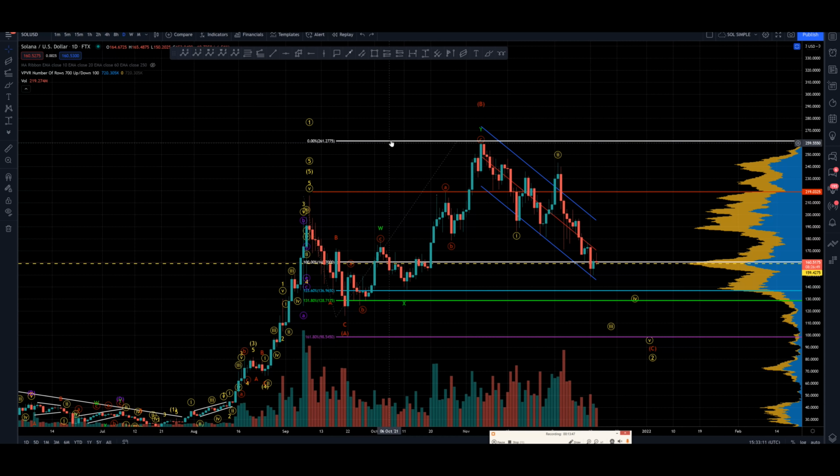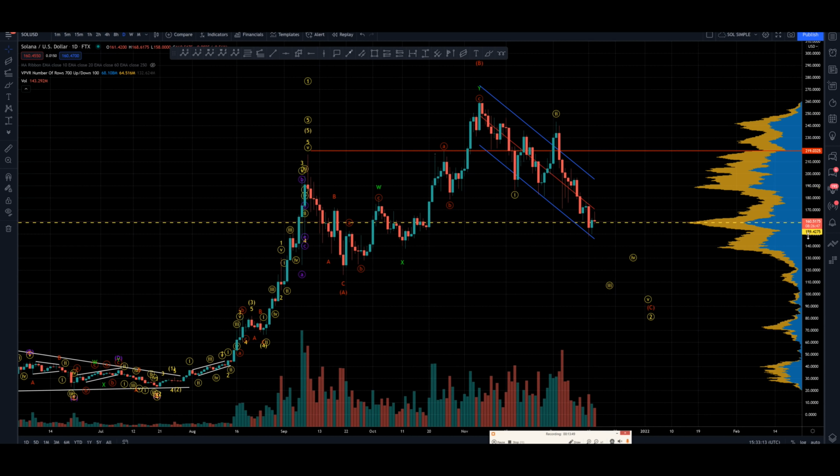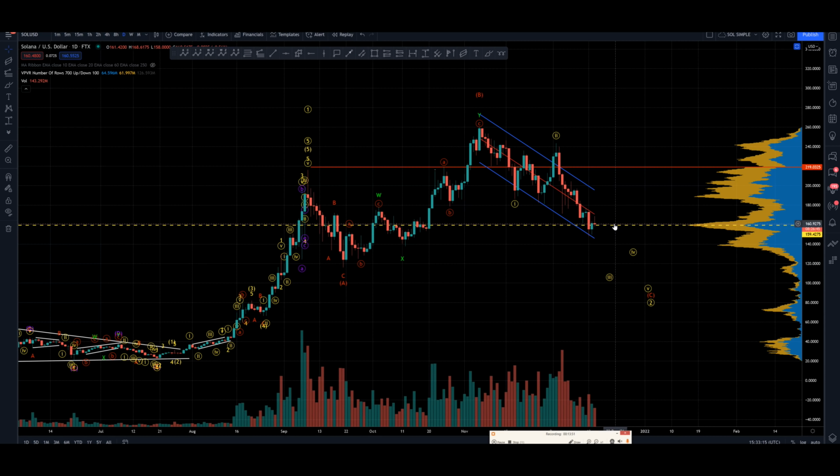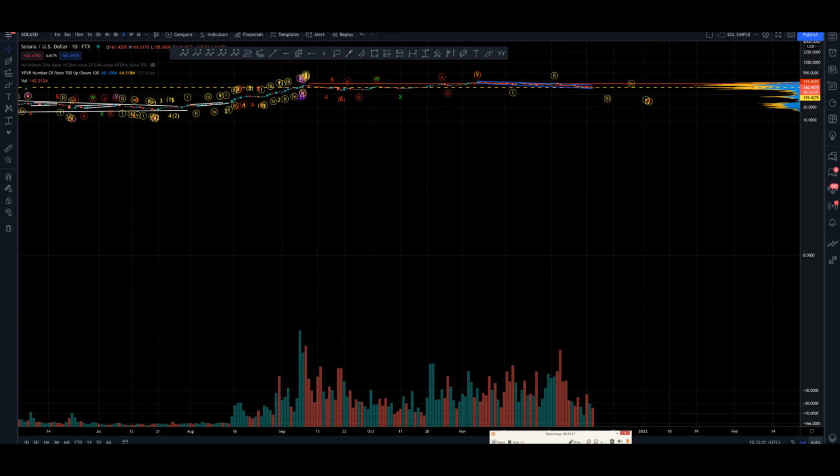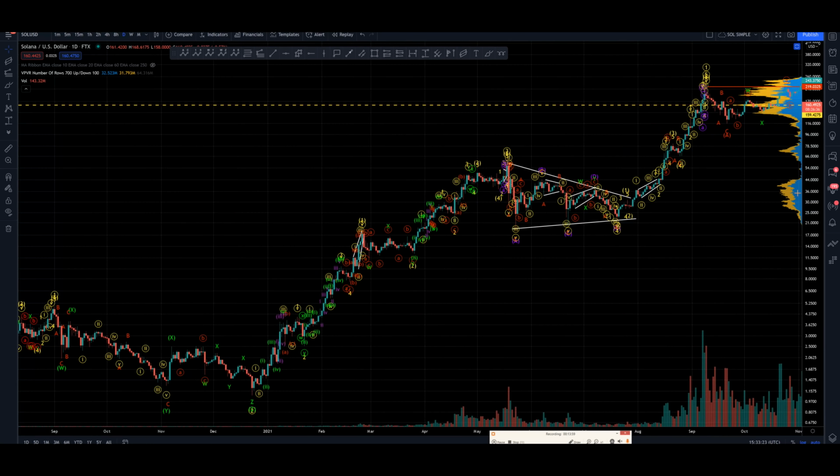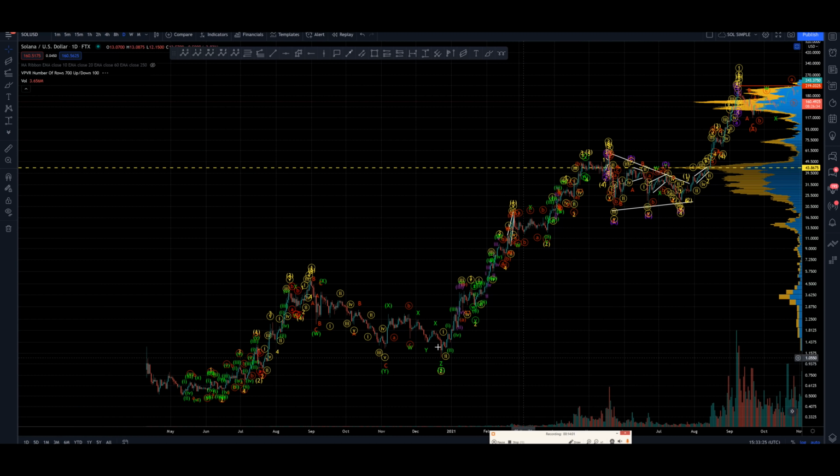Okay, so yeah, that's the way I see that at the moment. We're either, once again, similar to ADA, right around the point of control. Now, how are we regarding the low of this whole move?